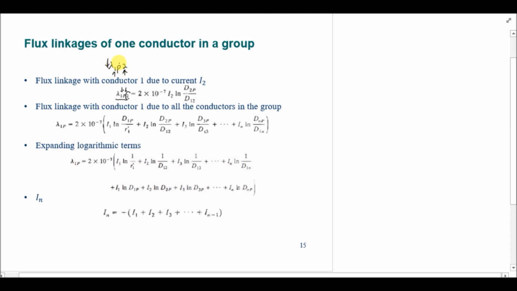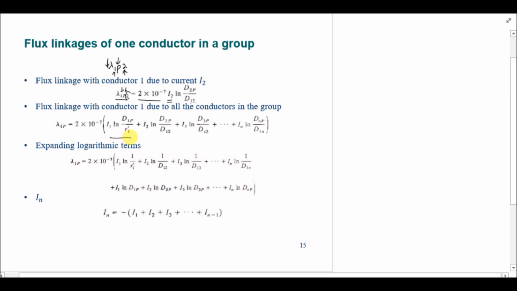The formula remains the same, 2 into 10 raised to minus 7 I2, because we are considering the current in conductor number 2, and natural log of d2P, which is the farthest part till point P, over the distance between conductor number 1 and conductor number 2. Similarly we can write the flux linkage formulas for all the conductors with conductor number 1.